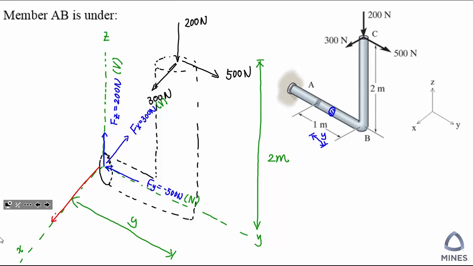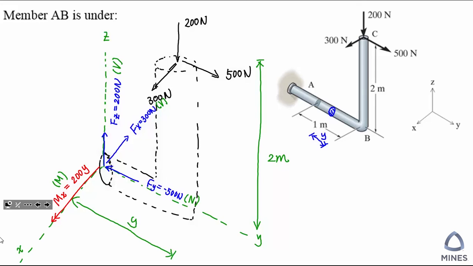When you curl your hand, you can see it's going to create moment in the x direction. So that's created by the 200 Newton multiplied by y. And is this moment going to be the bending moment or the torque? We can see it's parallel to your cutting plane. So which means it will be the bending moment.